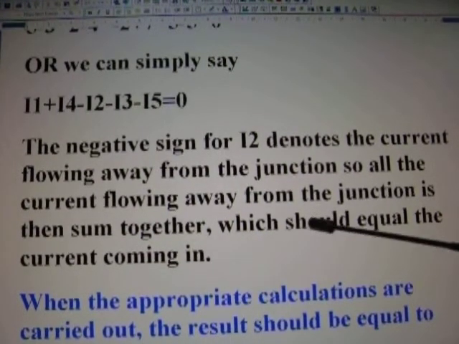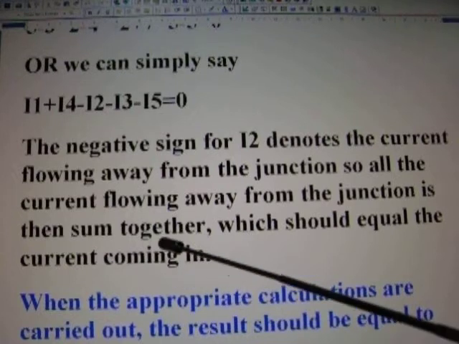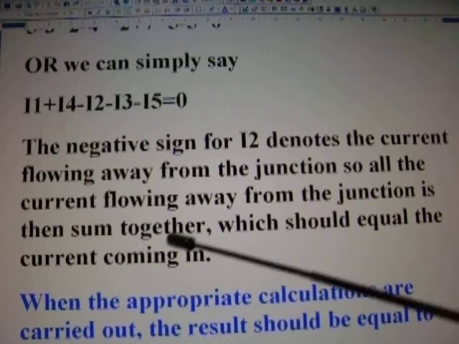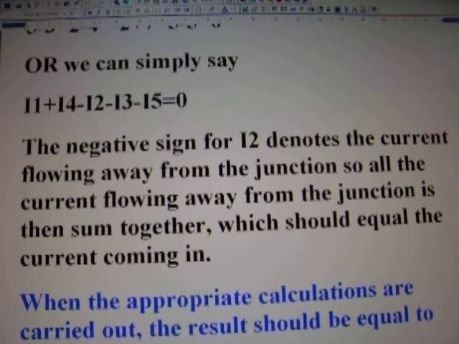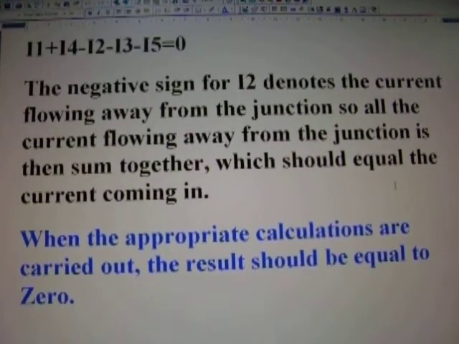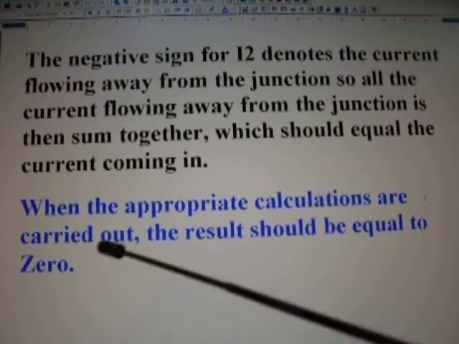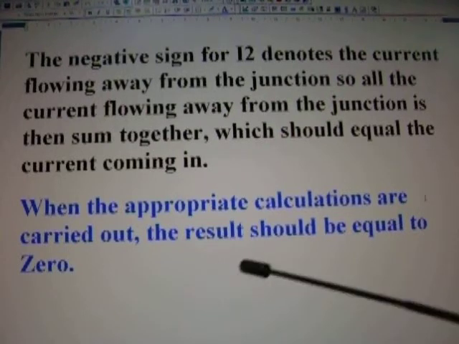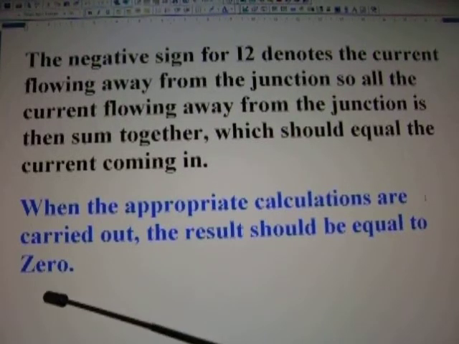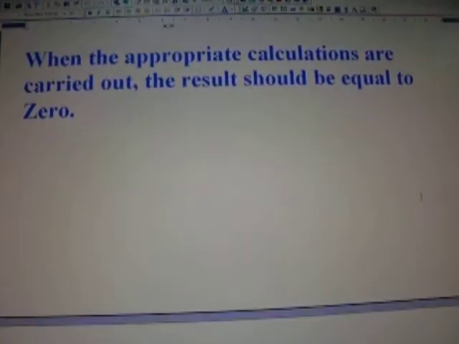So all the current flowing away from the junction is summed together, which should equal the current coming in. When the appropriate calculations are carried out, the result should be equal to 0, and that should be in your result.